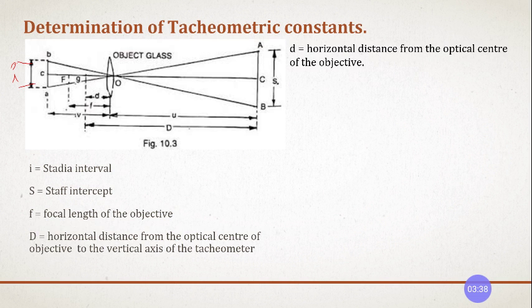Small d, where is small d? It is the distance between point G and the glass. G point is where the object forms, the point where the object forms in the image.